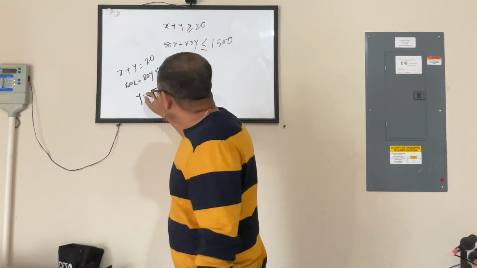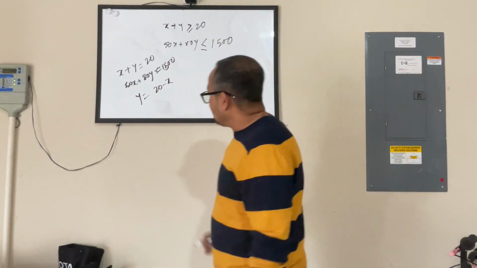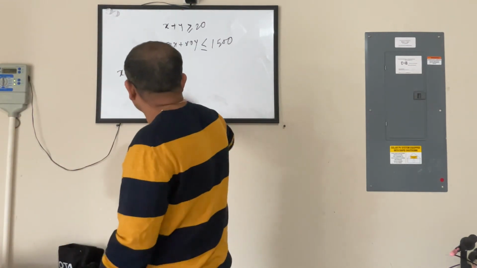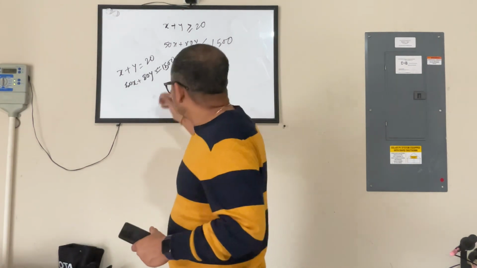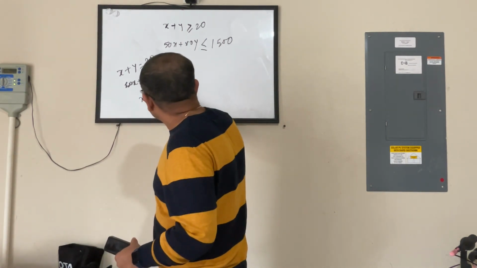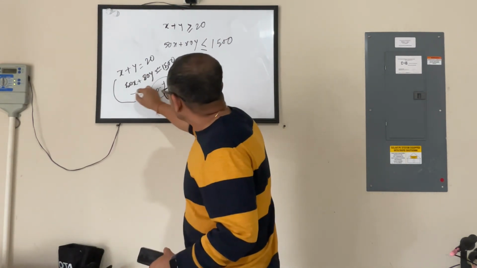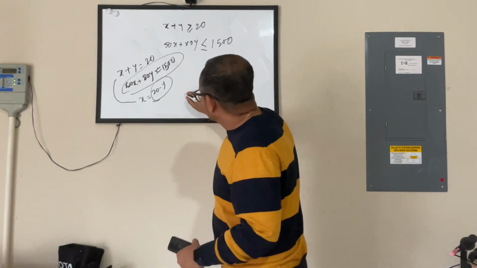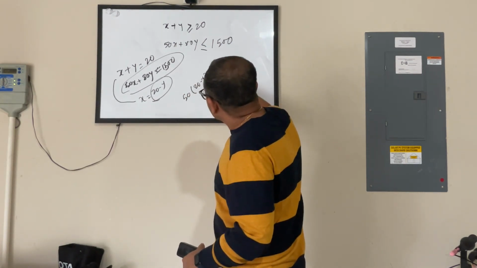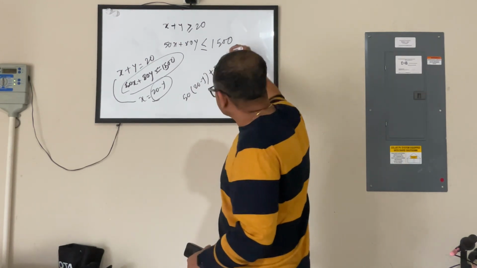So y equals 20 minus x. Or, since we are trying to solve for y, I will say x equals 20 minus y from the first equation, and then substitute this value in the second equation. So 50x, instead of x I will say 20 minus y, plus 80y equals 1500.